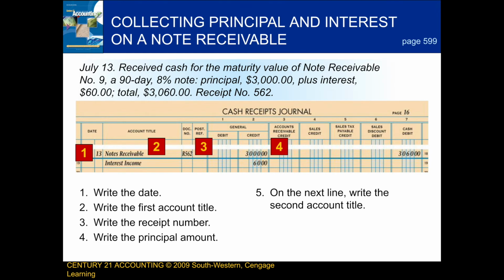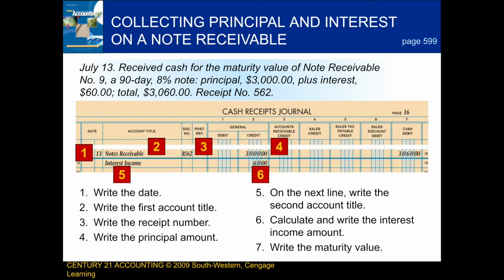Then, on the next line, we write the second account title, which is interest income, in the account title column. After that, we calculate and write the interest income amount, which is $60, in the general credit column. And finally, we write the maturity value, which is the total of the principal and the interest income, in the cash debit column.